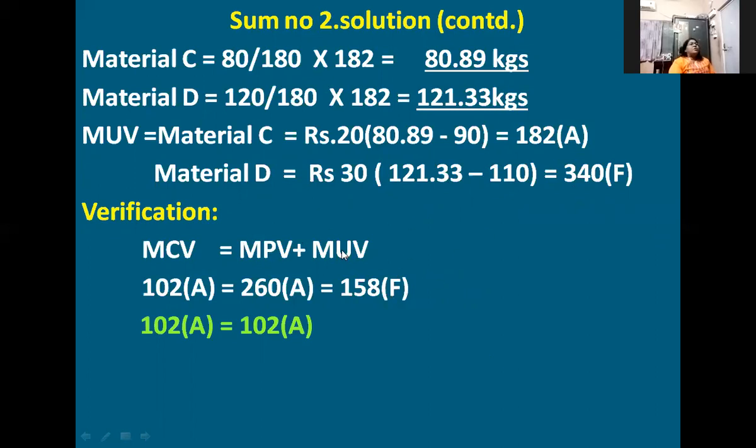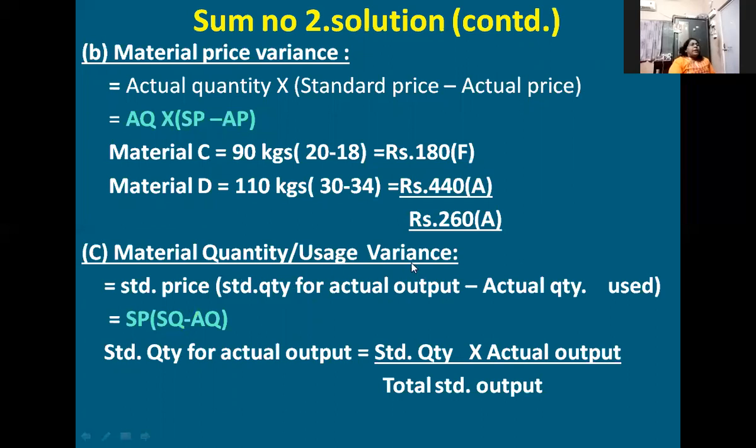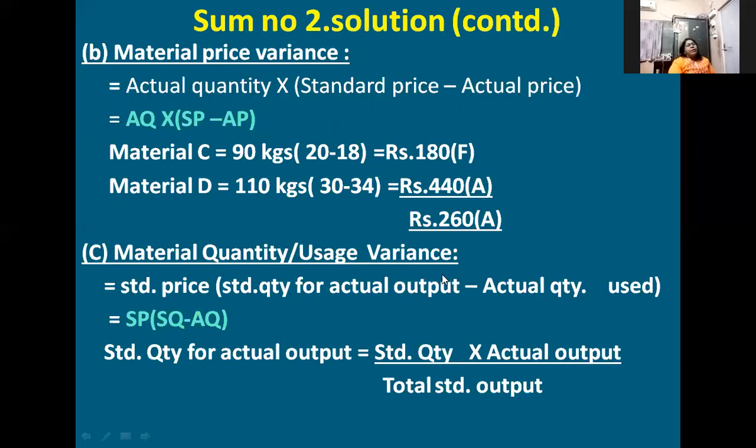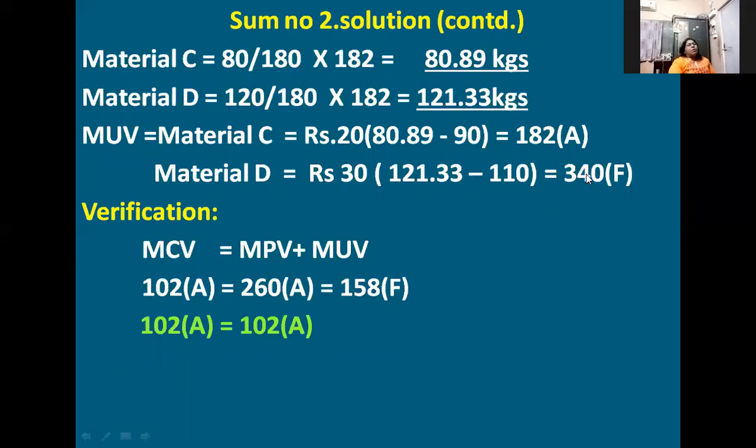So the material usage variance is 158. How did we get 158? 340 favorable, that is a positive answer, minus 182 which is the adverse. Adverse means negative, so the more is positive here, this is adverse. So what is your resulting answer? 158 favorable.